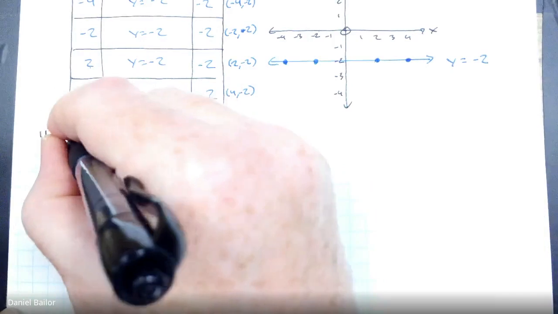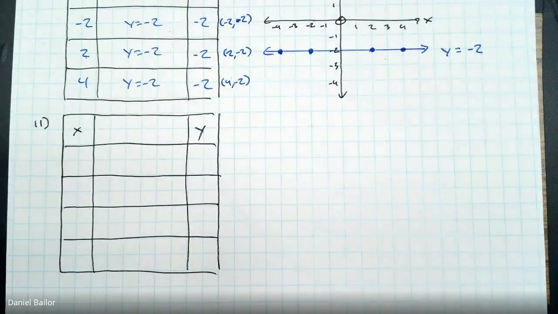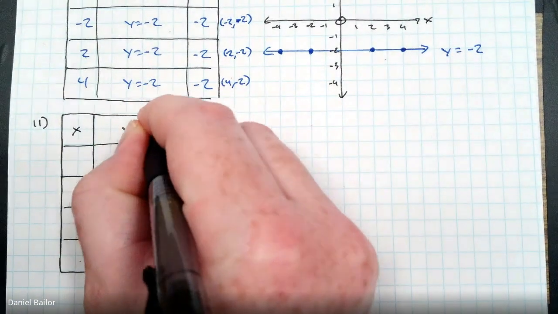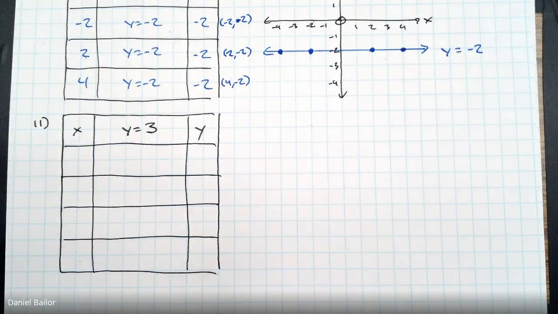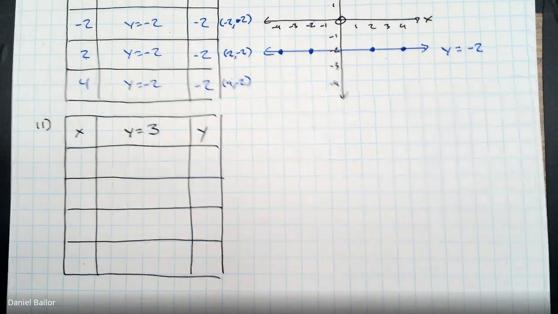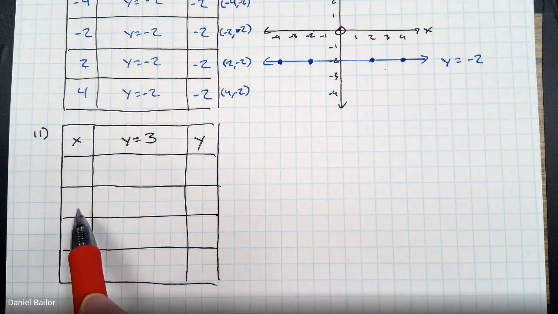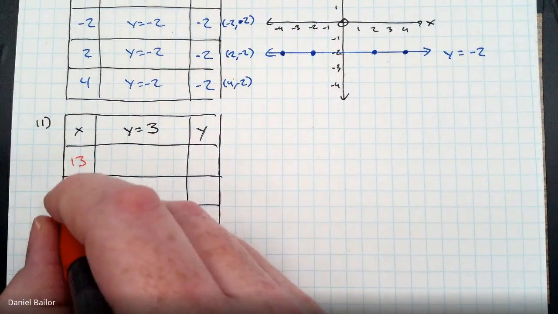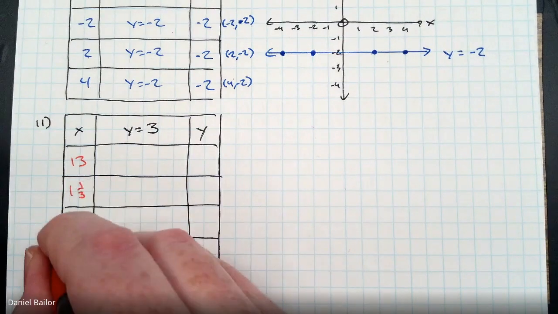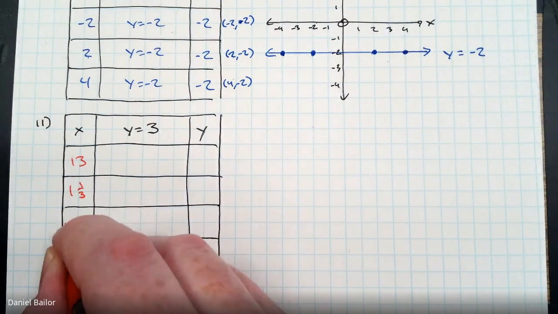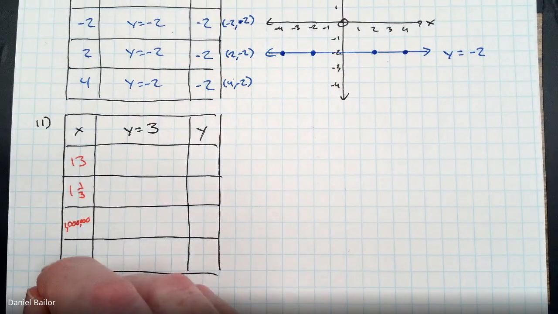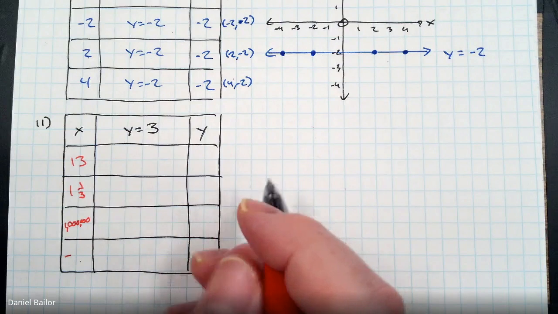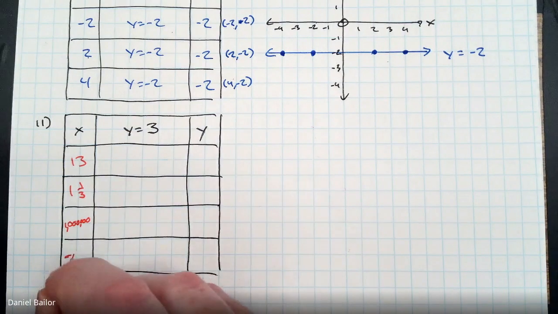So we have x, we have y, and for number 11, they wanted y equals 3. So for this one, we pick our x's again, and again, it doesn't really matter. We can do x is 13, x is 1 1/3, x is 1,000,000, x is negative apple.